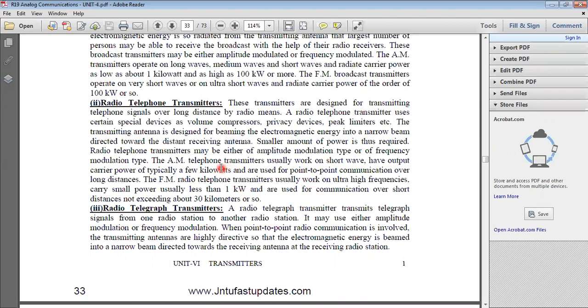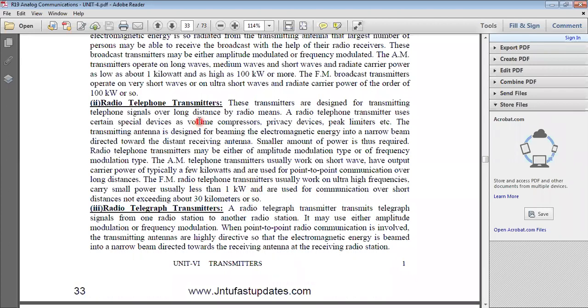I think already you know the difference between AM and FM transmitters: AM transmitters for long wave, short wave, and medium waves. For VHF and UHF ranges, we use FM radio transmitters. Depending upon the distance, the carrier power is changed.